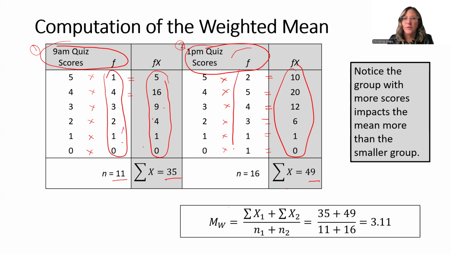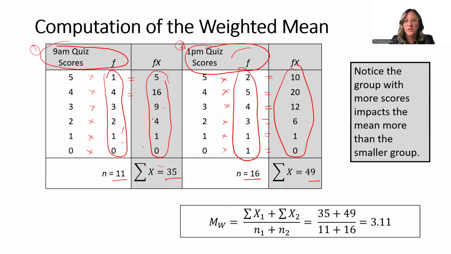If you add up the frequencies in the second sample, our sample size is 16. So as you know, the sample size of 16 is going to weigh heavier on the weighted mean than a sample size of 11.